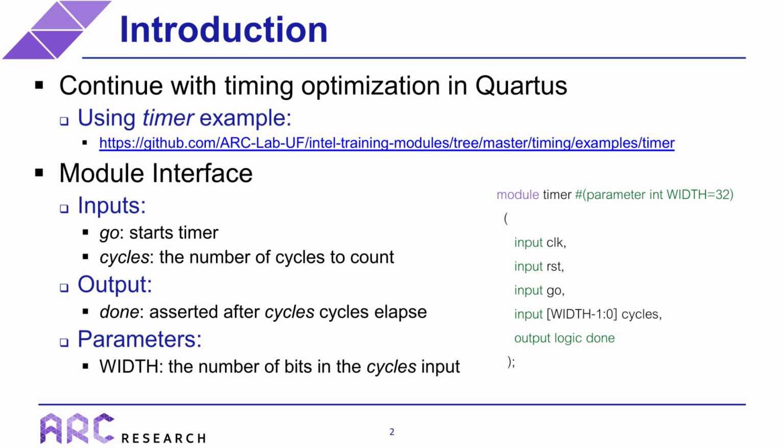The timer also has a single output called done that is asserted by the timer after the specified number of cycles have elapsed after the assertion of the go signal. And in addition, the module also uses a width parameter to support different bit widths for the cycles input.